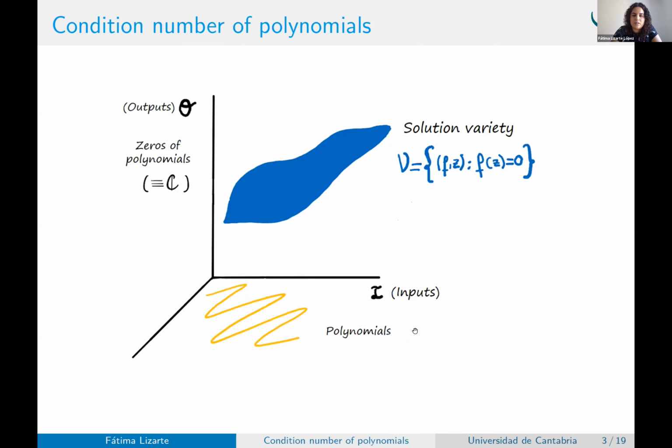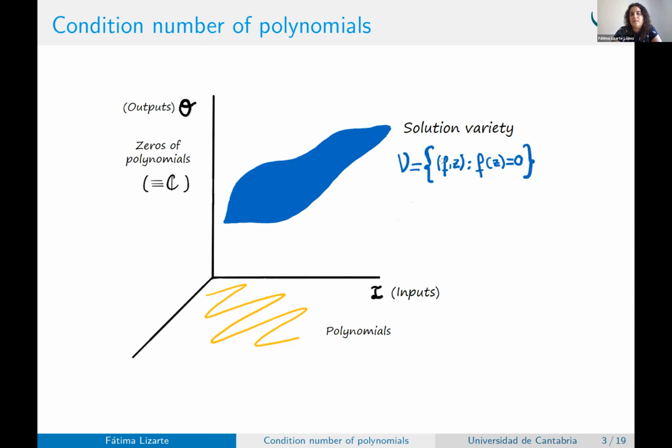We have the following situation. We have the space of inputs and the space of outputs. Polynomials lie in the input space and roots lie in the output space. The latter one can be C, the complex numbers. We consider this set formed by the pair of input and output of this input.